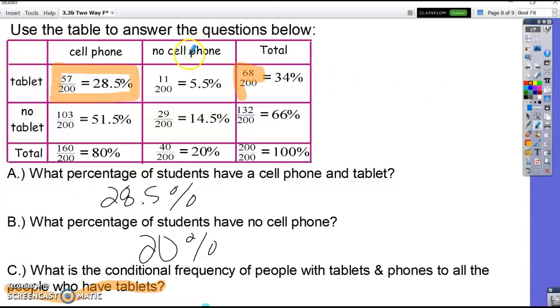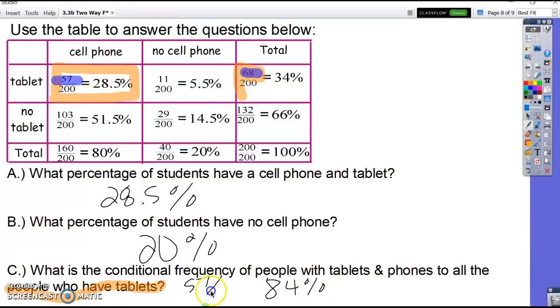So that's our conditional frequency of 57 divided by 68. 57 is that total who have both a cell phone and a tablet. 68 is the total students who have a tablet. And 57 divided by 68 is going to leave us with 84. So the conditional frequency for this is 84%.